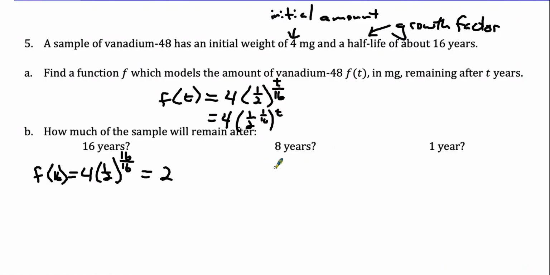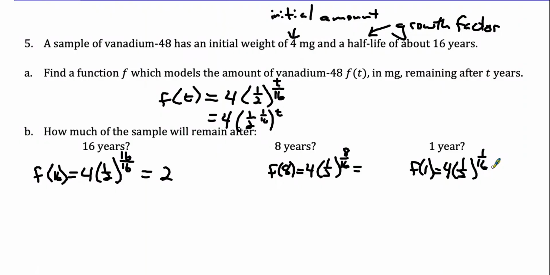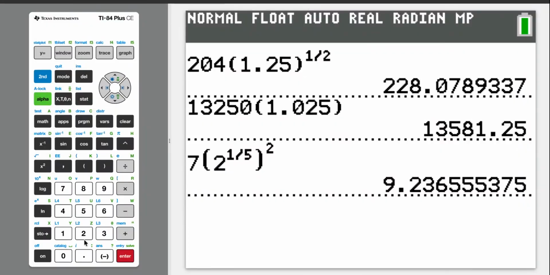But then for my other two values, we may have to use a calculator for that. So I'll have 4 times 1/2 to the 8 over 16 power. And then I will have over here, if I plug 1 in, 4 times 1/2 to the 1 over 16 power. And I can just plug both of those into my calculator.